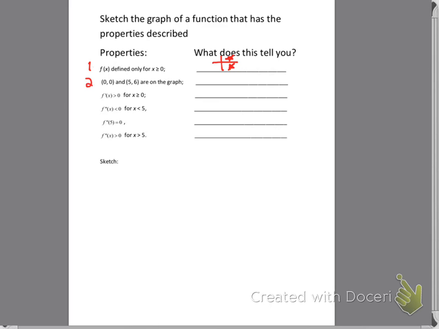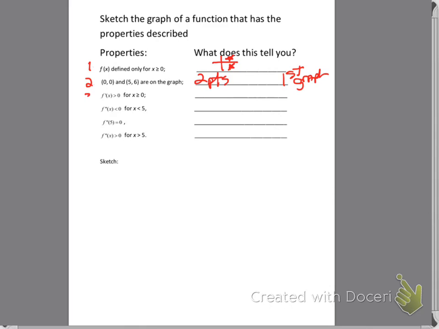Okay, the next thing, so that's the first property. Second property, (0, 0) and (5, 6) are on the graph. So these are 2 points, and that's the first thing that we're going to do: graph these 2 points, because no matter what happens to our function, those 2 points have got to be on it.